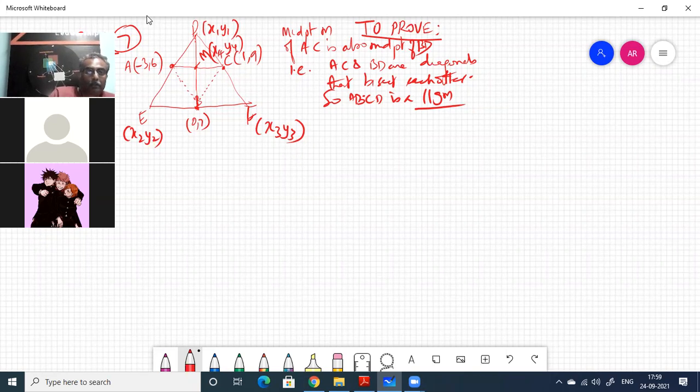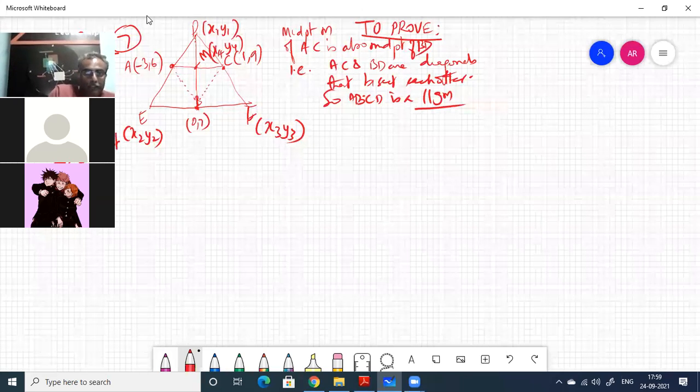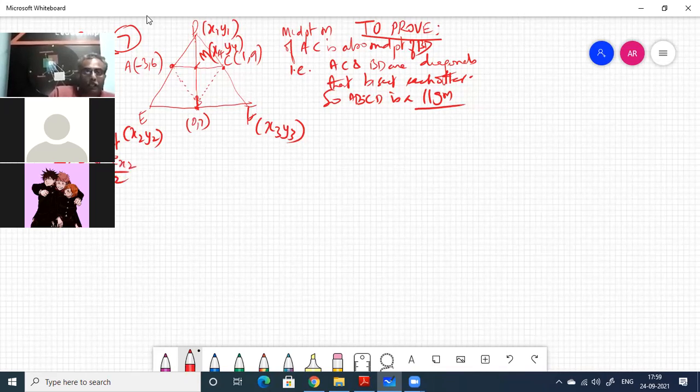What you have to do? -3 is equal to... in DE, A is the midpoint. Therefore, -3 is equal to (x1 + x2) by 2, and 6 is equal to (y1 + y2) by 2.